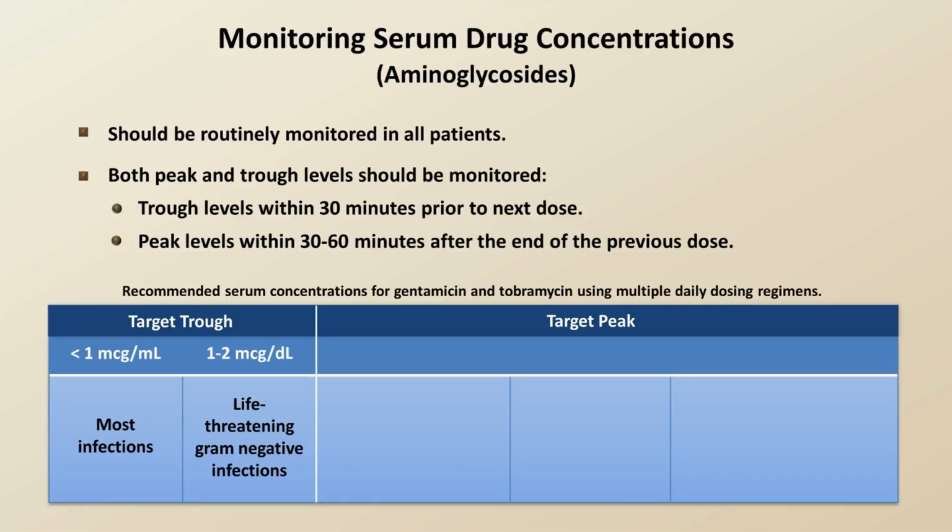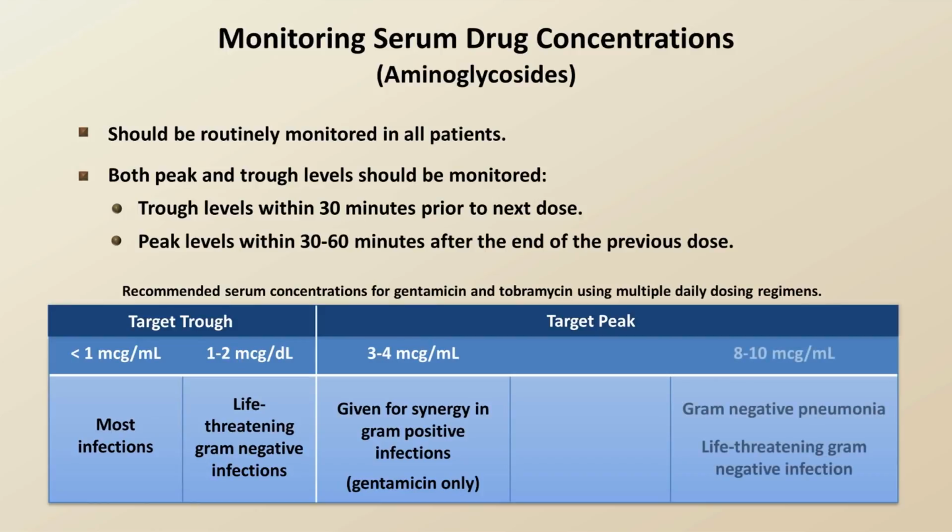For target peak level, it is 3 to 4 when gentamicin is being used for synergy in gram-positive infections, 8 to 10 for gram-negative pneumonia or in life-threatening gram-negative infections, and 6 to 8 for everything else. Redosing of aminoglycosides follows the same general principles as vancomycin, but given the narrow therapeutic index and the added complexity of worrying about both peak and trough levels, it is best done in close consultation with a pharmacist.